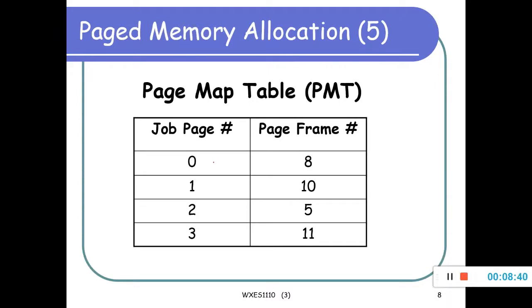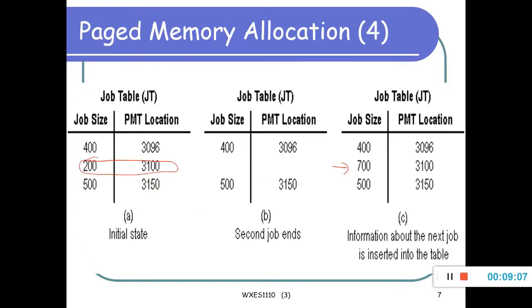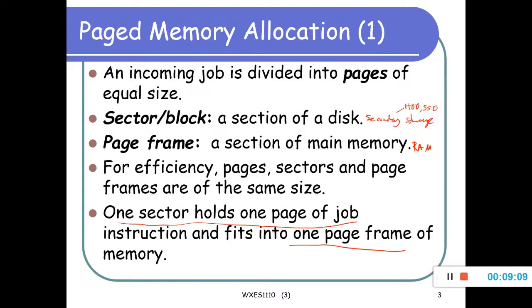So job page 0 is at page frame 8, job page 1 is page frame 10, job page 2 is page frame 5, and job page 3 is page frame 11. This is based on slide number 6.